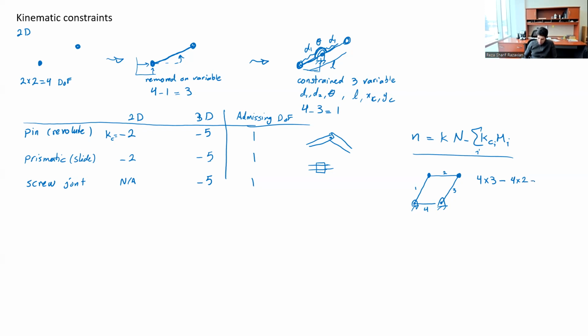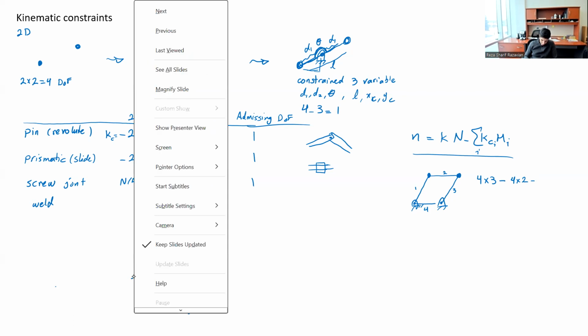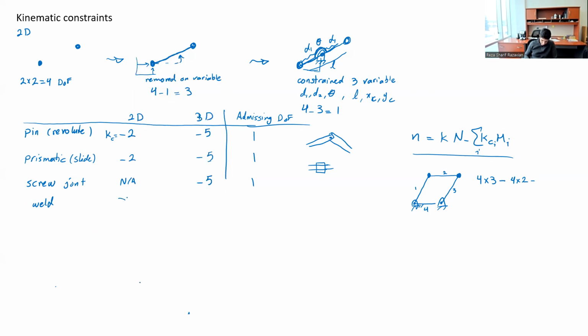And one other thing I didn't mention, this body 4 is more or less welded to the ground. So let me add this. A weld joint reduces all degrees of freedom, so minus 3. In the case of a rigid body in 3D, it subtracts all degrees of freedom from the system.